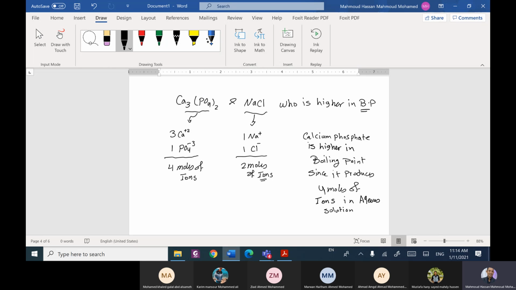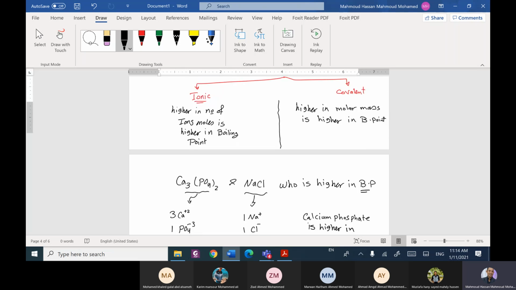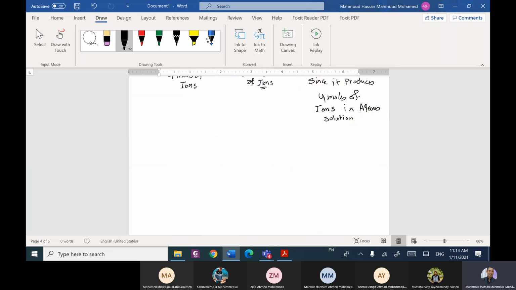Second idea, for the covalent compounds: who is higher in boiling point, urea or glucose sugar?